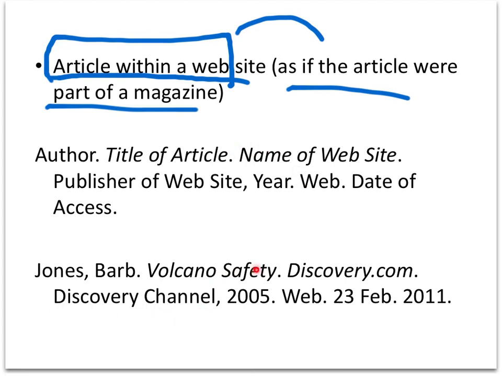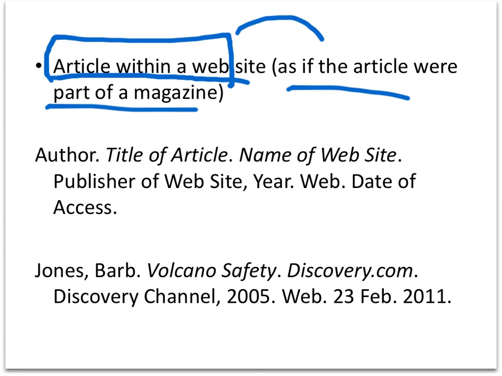We need the year of publication there. We need web, we have that. And then we need the date of access. Date of access there.